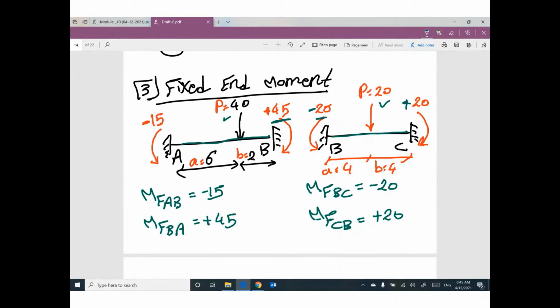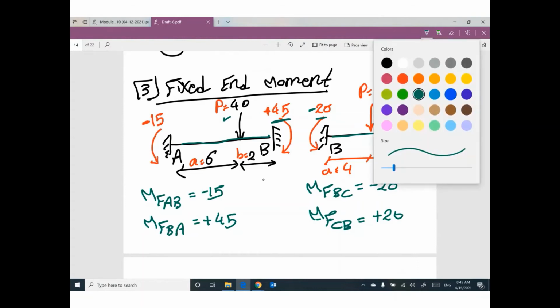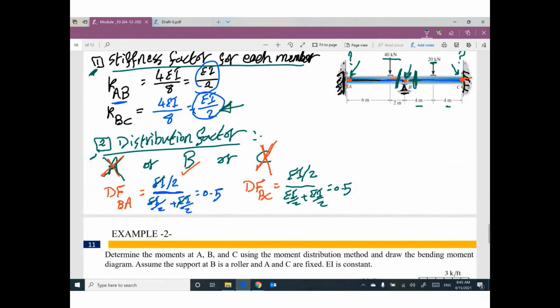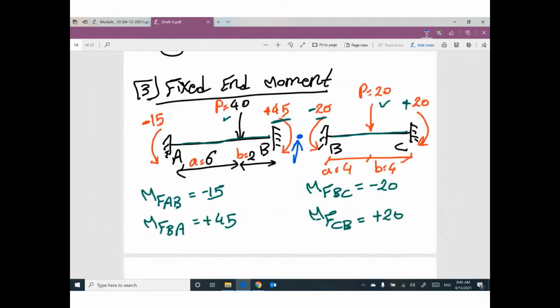We have an issue right now. You know why? At point B, this point B is 1 point. We must have equal moment. However, we have here 20 and we have here 45. Doesn't make any sense.